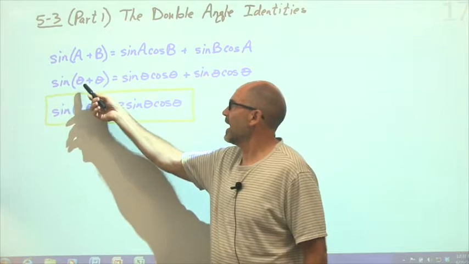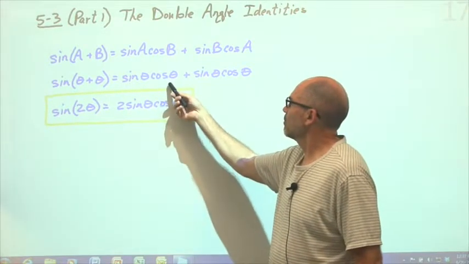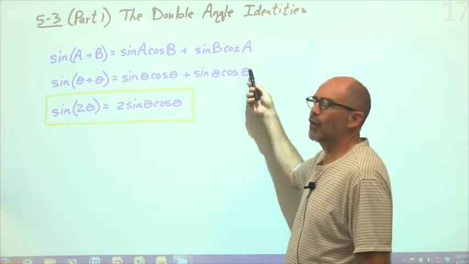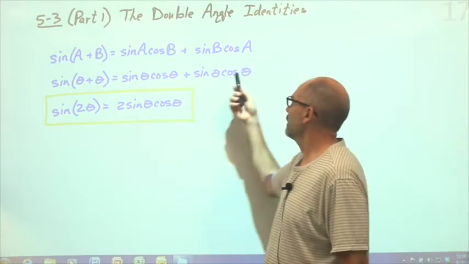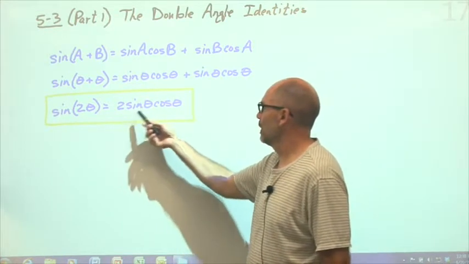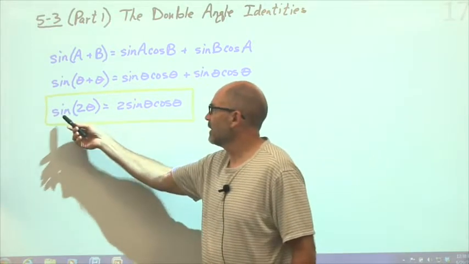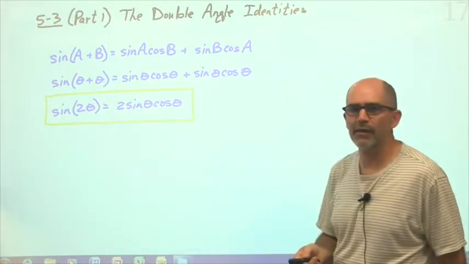So we'll just make A theta and B theta. So now you'd get sine theta times cosine theta plus sine the other theta cosine the other theta. Well, notice what happens. You just get sine theta cosine theta plus sine theta cosine theta is 2 sine theta cosine theta. So here's our first identity. Sine of 2 theta is 2 sine theta cosine theta.